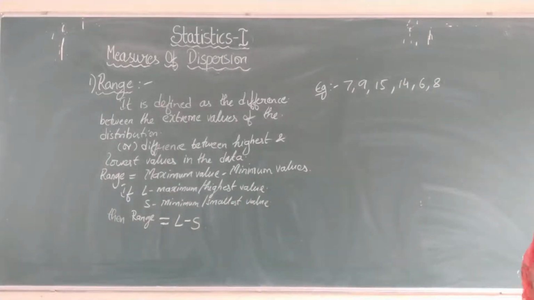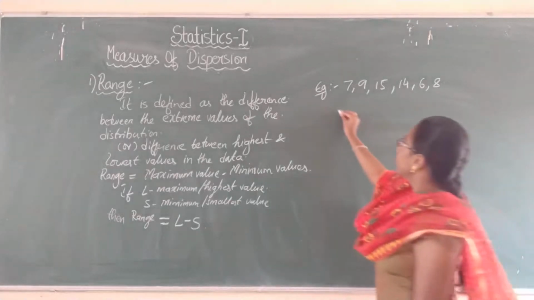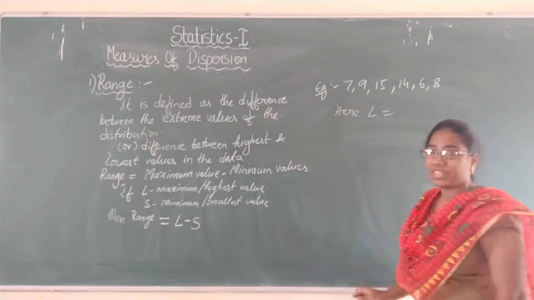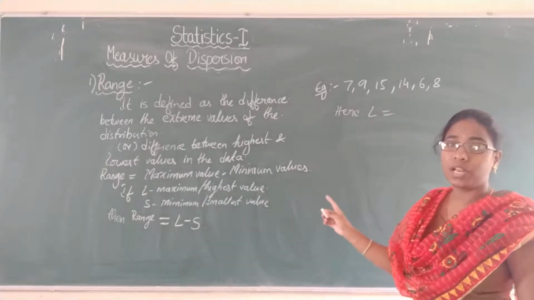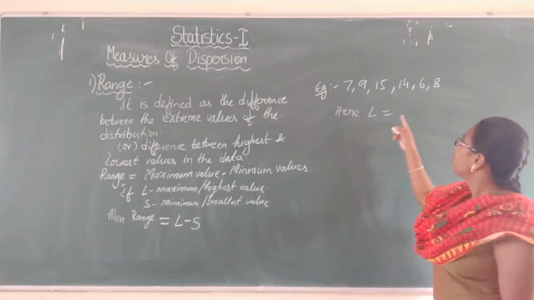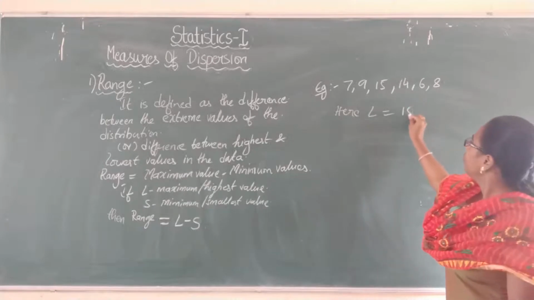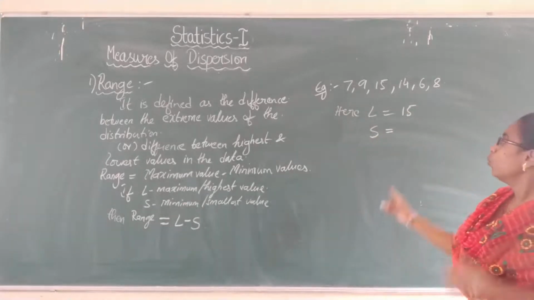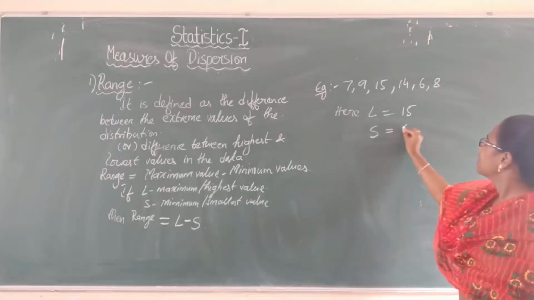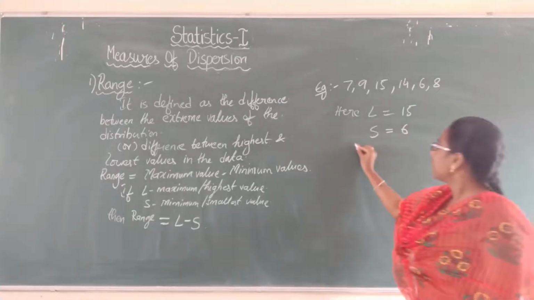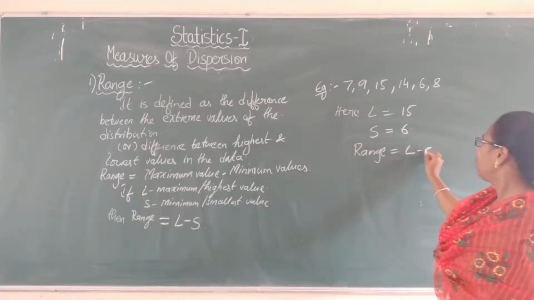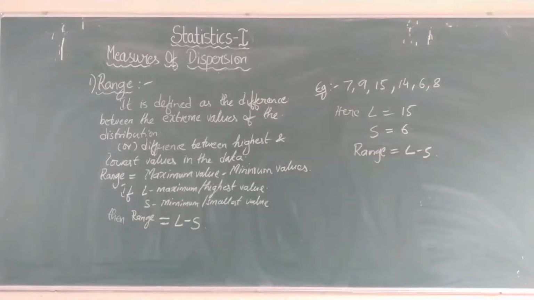What is the maximum value? Here the maximum value is denoted with L according to our formula. So L equals 15, and S equals the smallest value. What is the smallest value here? 6. So what is the range formula? The range equals L minus S. Now substitute the L and S values.